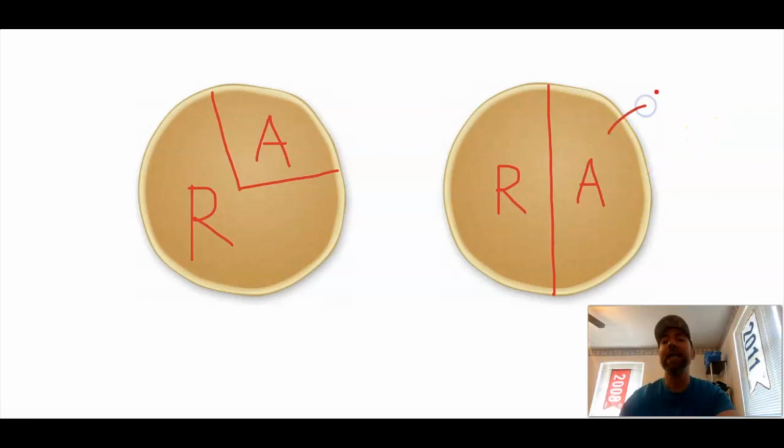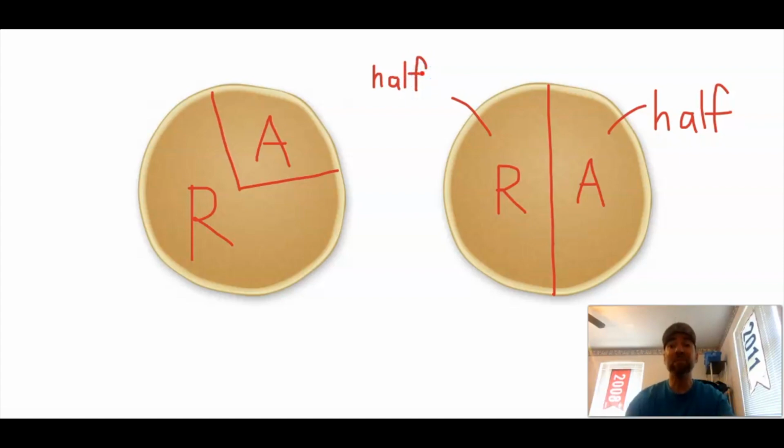We call each piece a half. So Mrs. Attardi has a half, and Mr. Renzi has a half. And when we put the two halves together, we get the whole pancake.